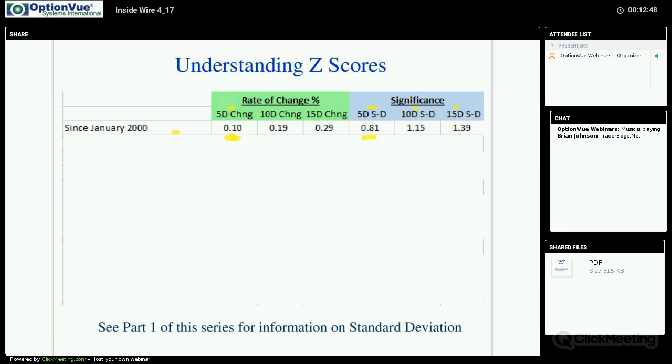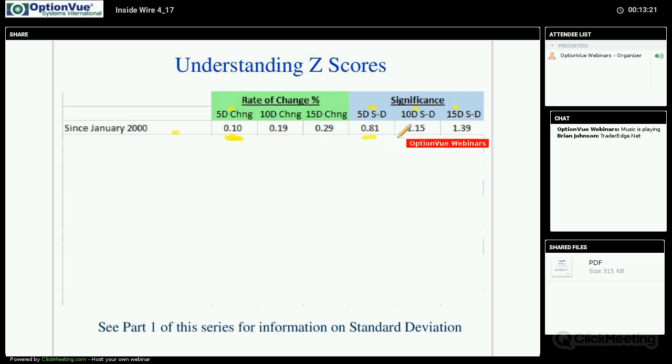In part 1 of this series, I talked about standard deviations a lot. I'd suggest you go back there and look at that methodology in terms of what a standard deviation is and how to derive it. I take you through the spreadsheets and all that. But it's basically looking at the variance of the data points from the mean, a way of looking at the volatility of the data points that derived this average.